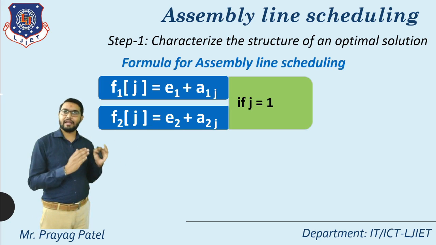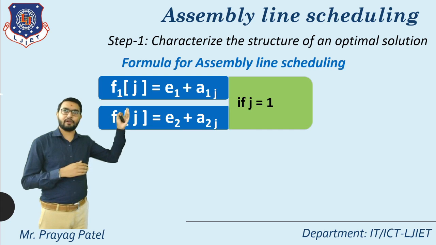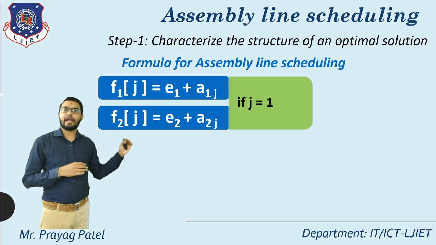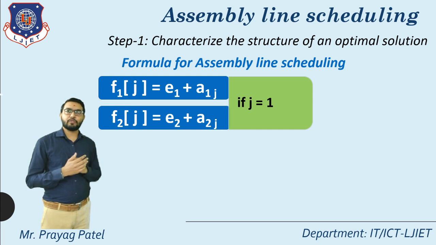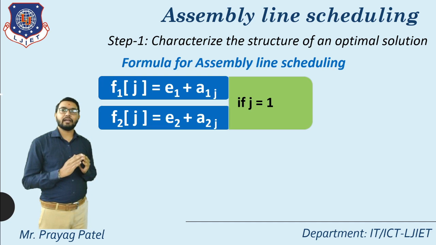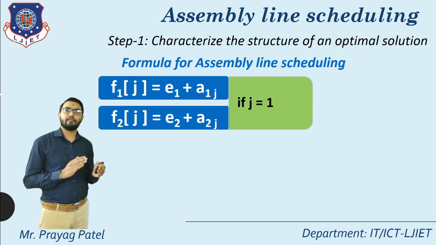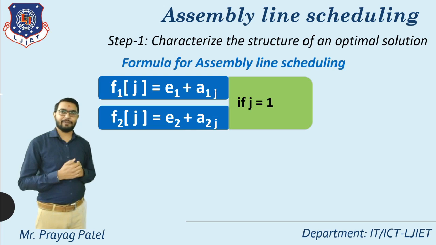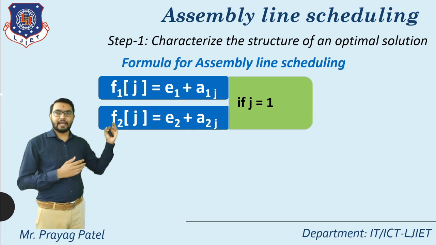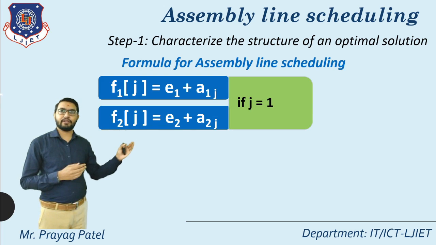Here i equals 1 and 2, because F1 means line 1 and F2 means line 2. For j equal to 1, F11 equals E1 plus A11 and F21 equals E2 plus A21.